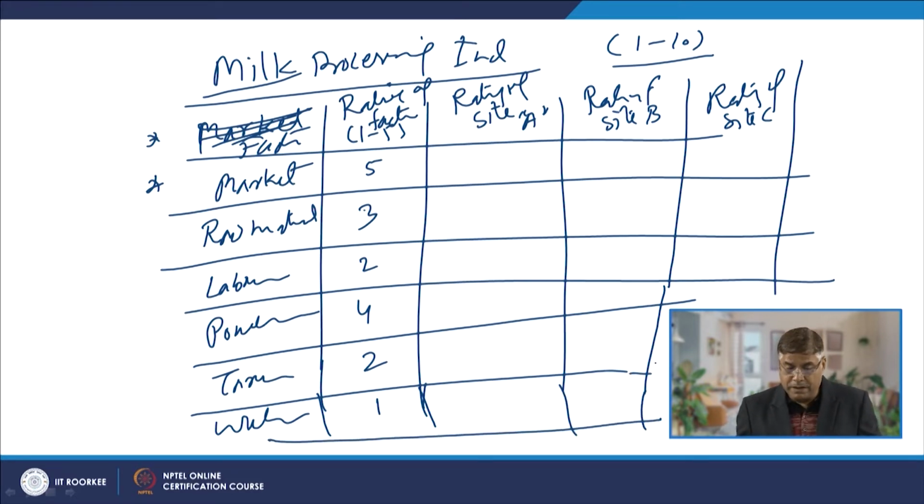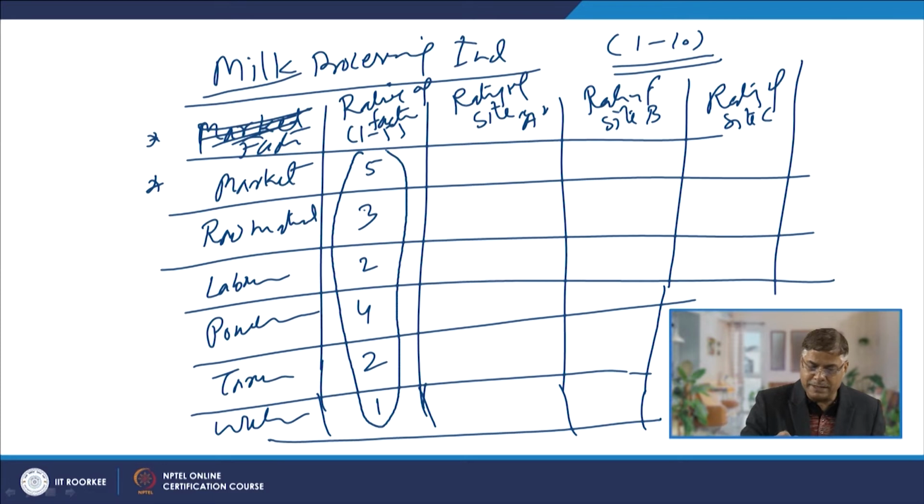Now, each of these sites will be rated on a scale of 1 to 10. So, site A with respect to the market. Now, these ratings reflect the importance of the different factors.